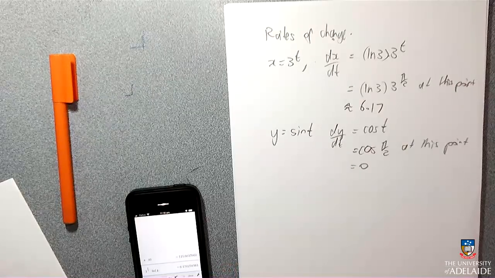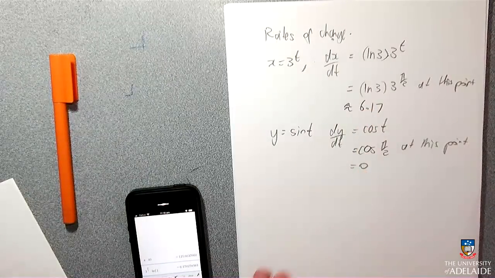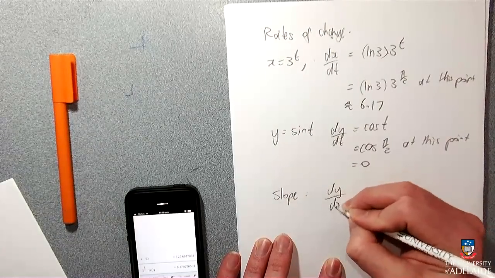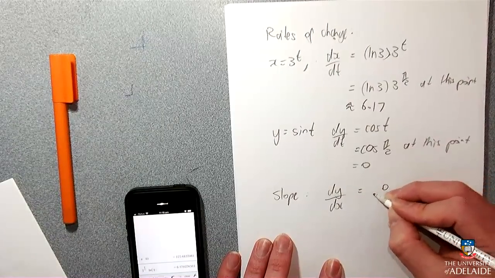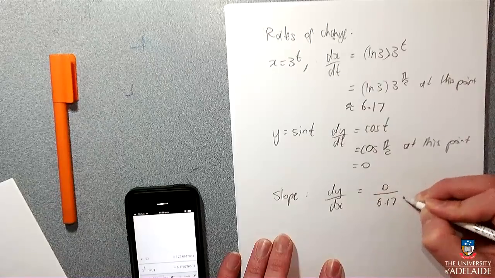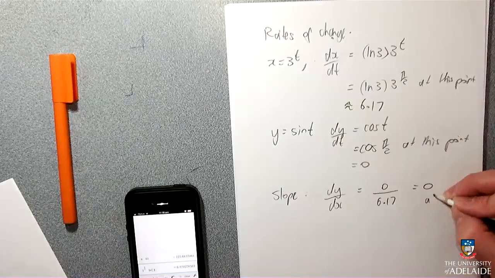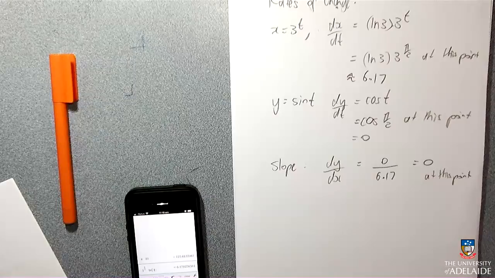So the direction that this curve is pointing at the moment is in the direction of this vector, 6.17, 0. So the slope at this point will be dy on dt, which is 0, divided by dx on dt, which was 6.17, which is 0. Well, there you go. So since the slope is 0 at this point, the tangent is going to be y equals something.